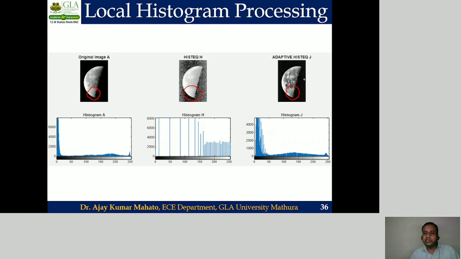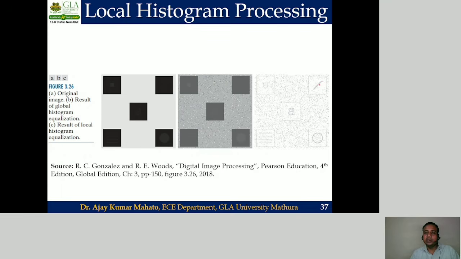This example I performed in MATLAB, and this is the example which is given in the book. In this example, this is my input image, and in this image some information is written inside these black boxes. Our objective is to enhance the details written inside these black boxes. So on this input image, when we apply the histogram equalization, we did not get our desired output, we did not get the information written inside these black boxes.